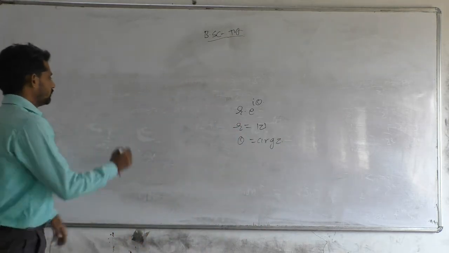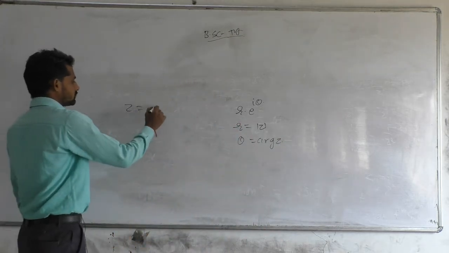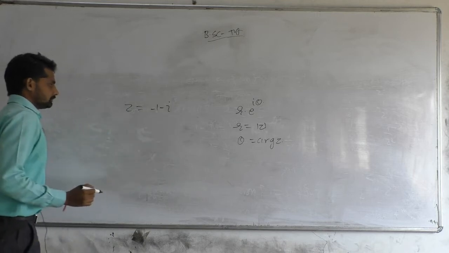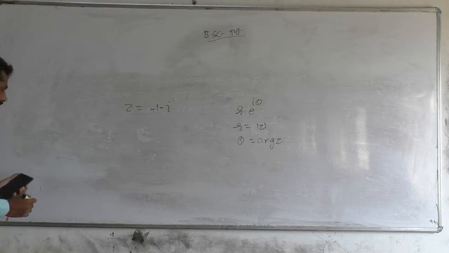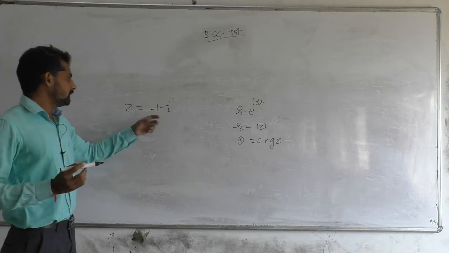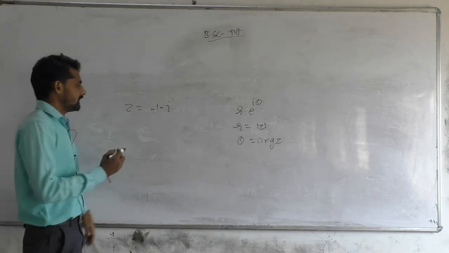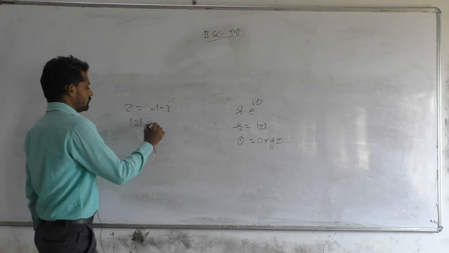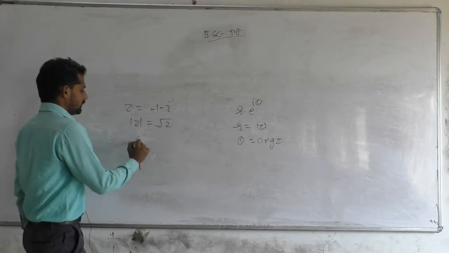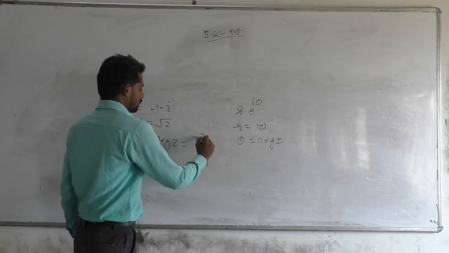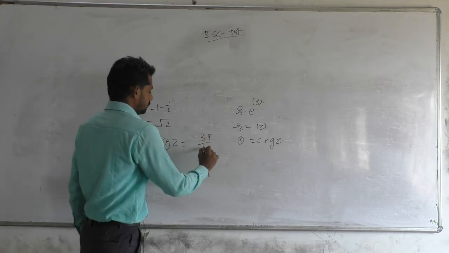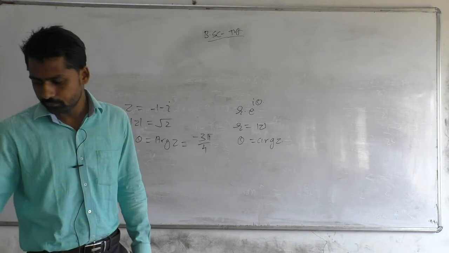So for example, if we are given the complex number z = -1 - i, then mod of z is equal to square root 2 and theta is equal to the principal argument of the complex number that we calculated yesterday, which is -3 pi by 4.